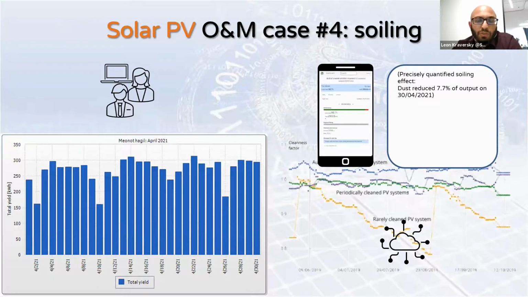The last example I want to show you is what we can also do with assessment of soiling. Naturally, you cannot assess soiling just with monitoring. You need something much more sophisticated. You have some hardware tools for that, let's be clear about it. But it has been pretty much proven that those cannot be implemented widely in distributed solar.